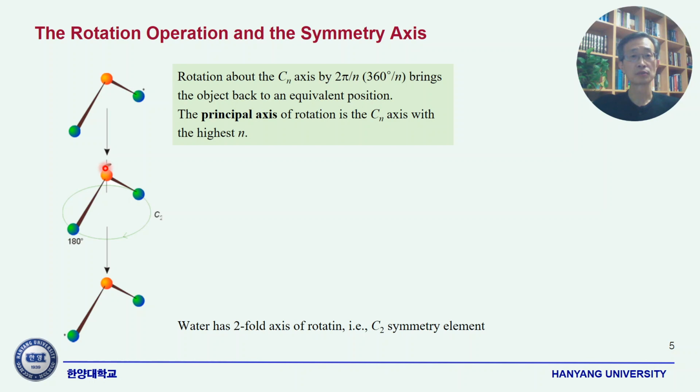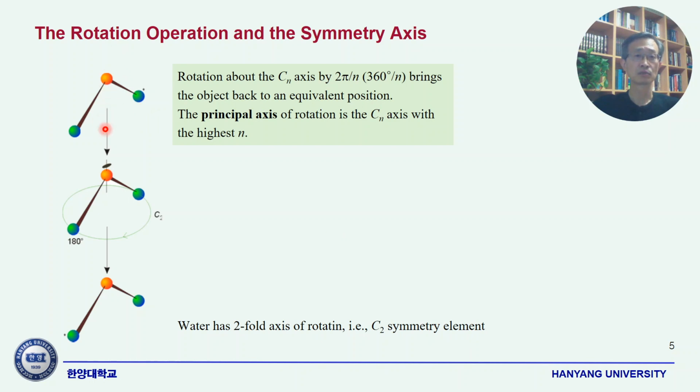Here is the graphical symbol for the C2 rotation. If you do a C2 operation, a 180 degree rotation, this dot moves to here. So this is a twofold axis of rotation, verbally. So this is the C2 symmetry element.